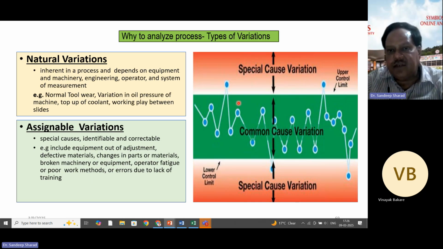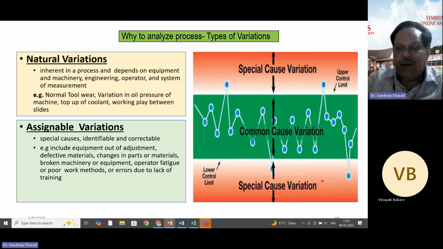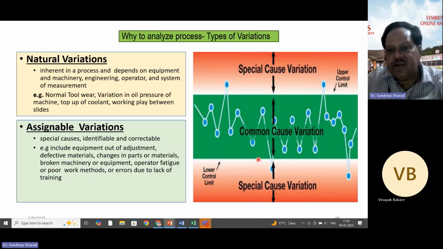The variations beyond the green zone are assignable variations, which we can control by implementing processes, techniques, or tools.